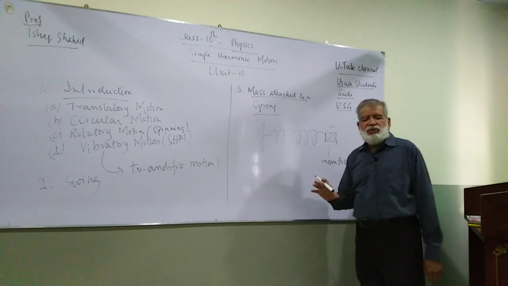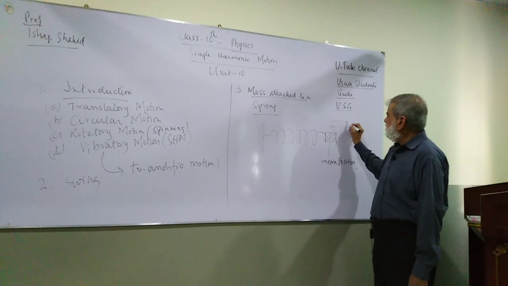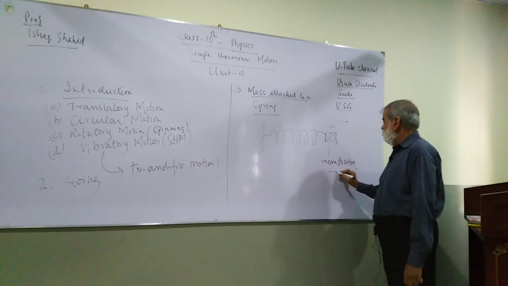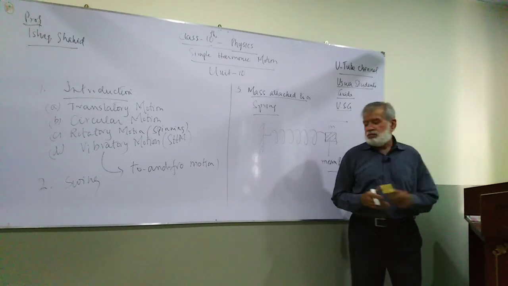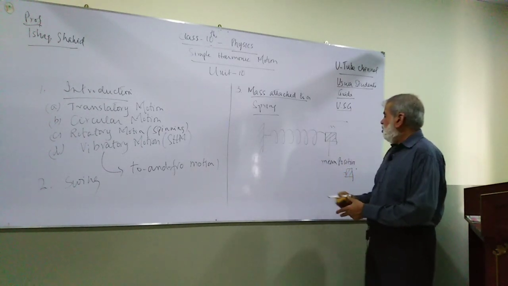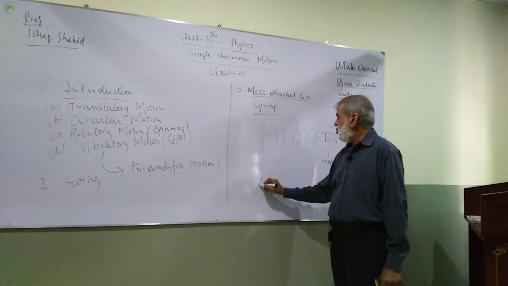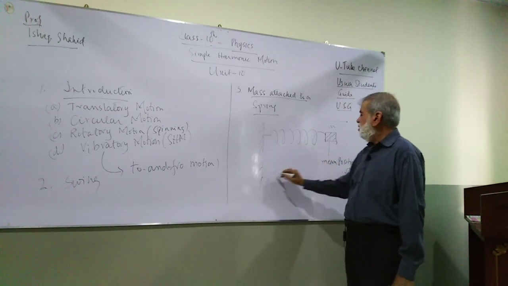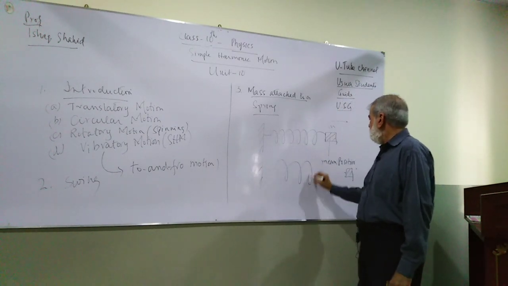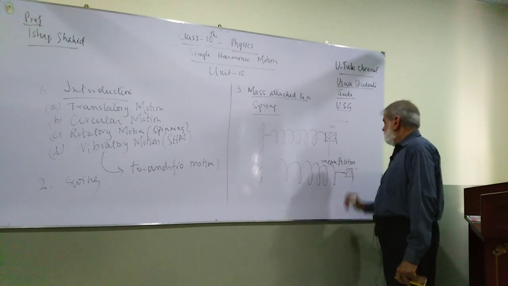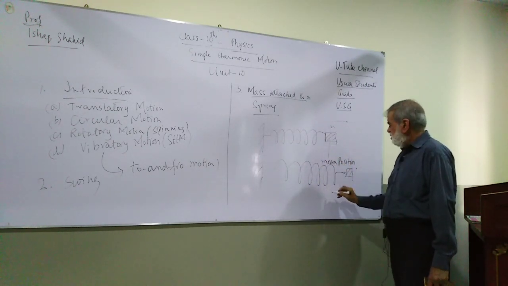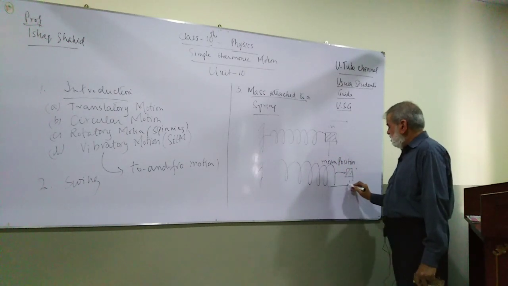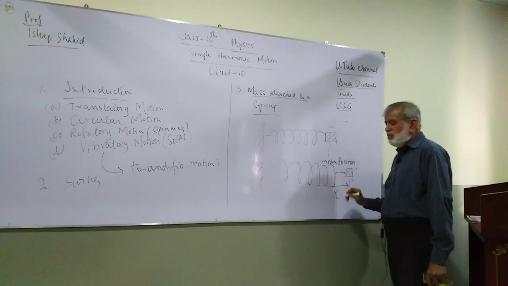You apply a force and pull it towards the right. From here you move to this side. In other words, you have pulled the spring from the main position to a distance x.